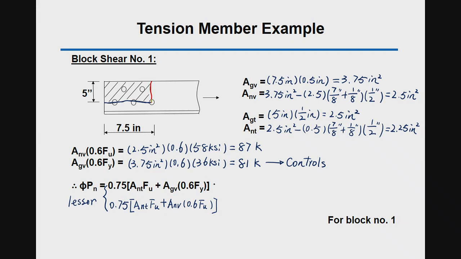Which is equal to 0.75 times ANT times FU, which is 2.25 square inches times FU, which is 58 KSI, plus the second item we already calculated as 81 kips.